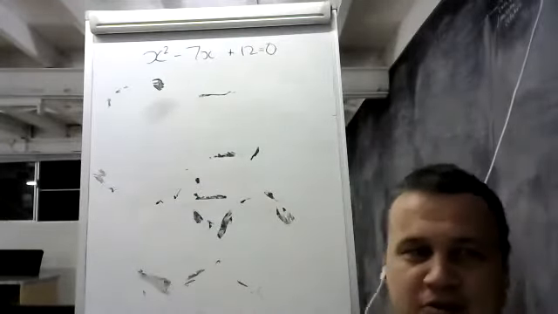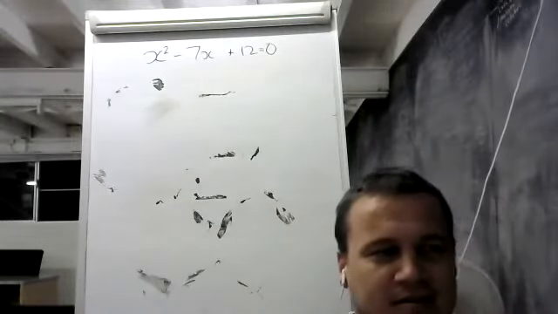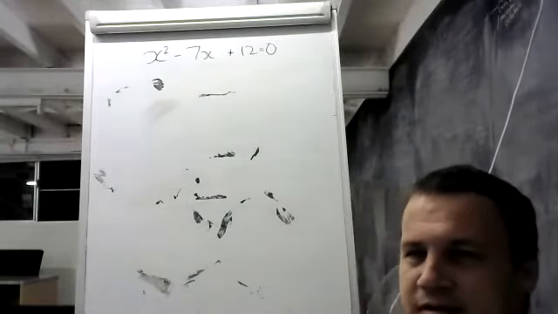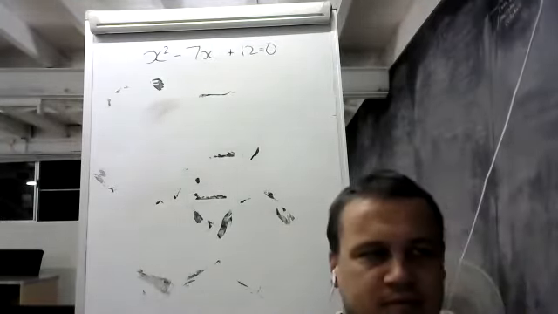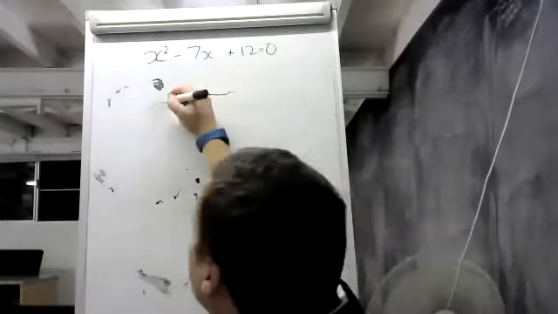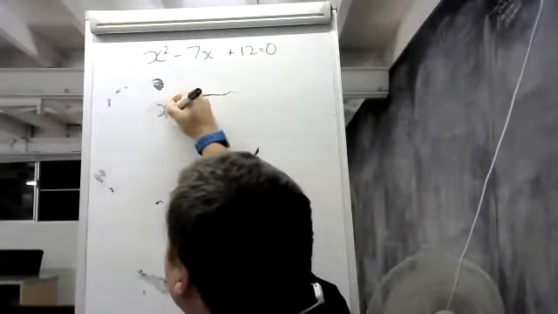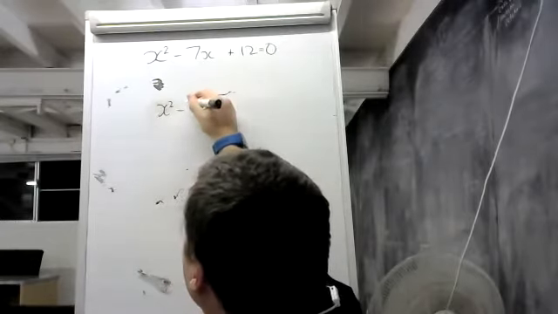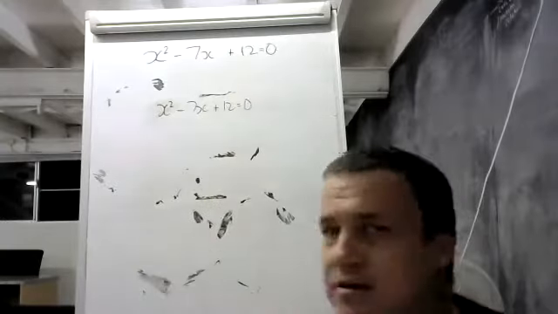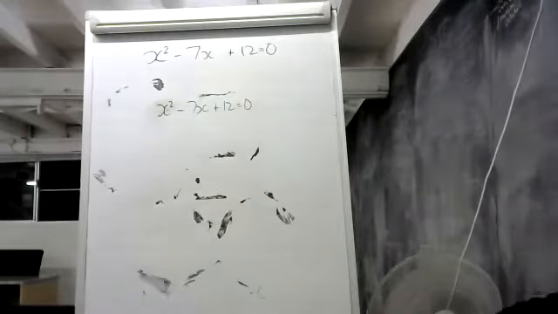If your teacher's ever told you to convert u into x or use u instead of x, it doesn't really matter. So we make this formula now. I'm just going to keep it as x. So how can we then factorize that?